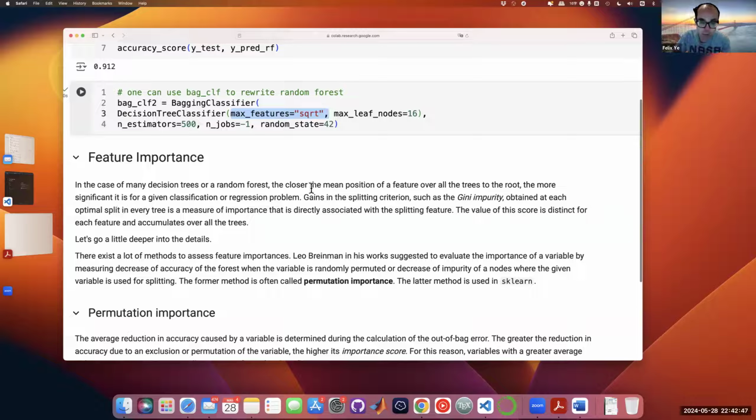What that actually means is that if we split on this particular feature, it has a gain in something called Gini impurity. That means it measures, at each split in every tree, a measure of importance that directly associates to this splitting feature. The value of this score is different for each feature, so we need to add them up for each feature.